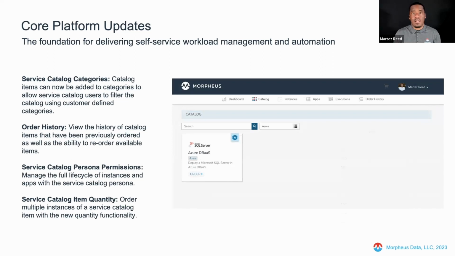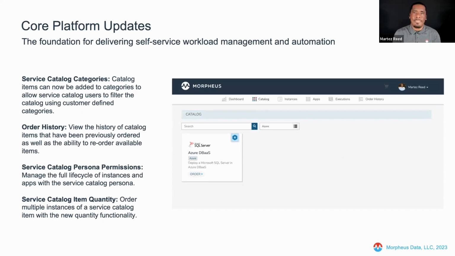The service catalog has received a number of updates that we're really excited about in this release of the Morpheus platform. One particular one is the ability to sort and filter essentially on categories within the service catalog.